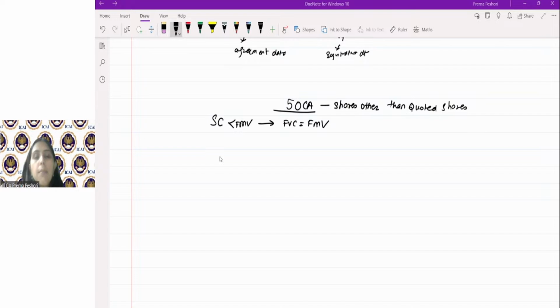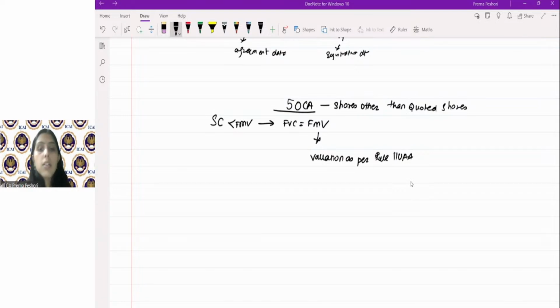So 11UA provides the valuation principles for this particular valuation of the fair market value, right? So you can write it down here. Valuation as per rule 11UA.